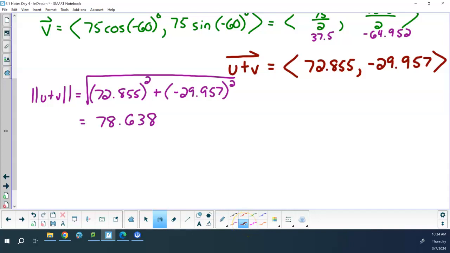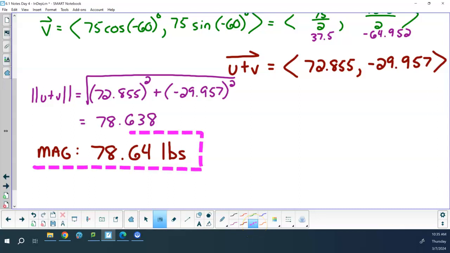So the magnitude is going to be 78.64 pounds. And because it was labeled as pounds, that's going to be our label on our answer.